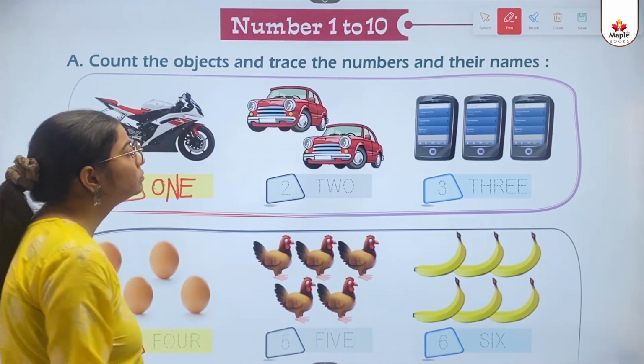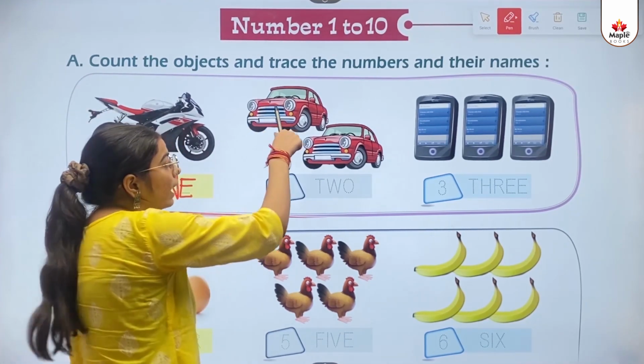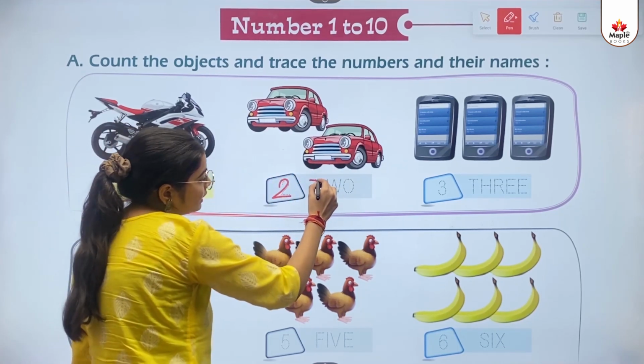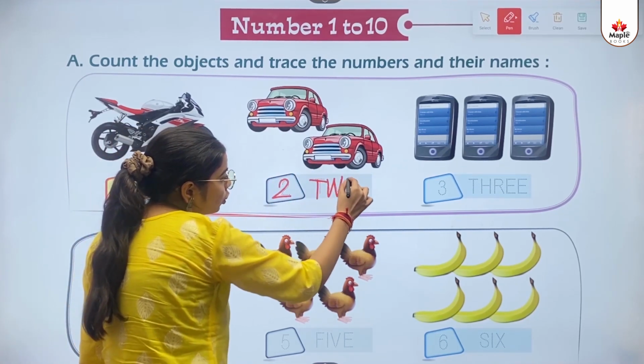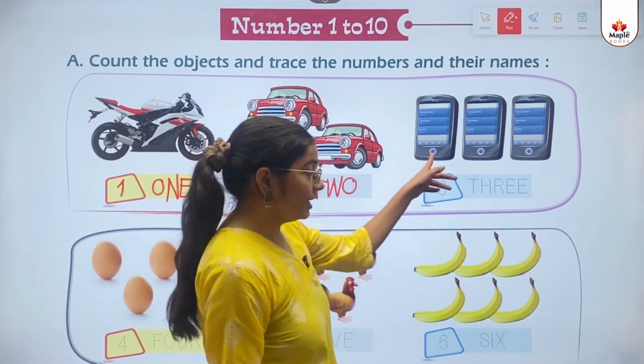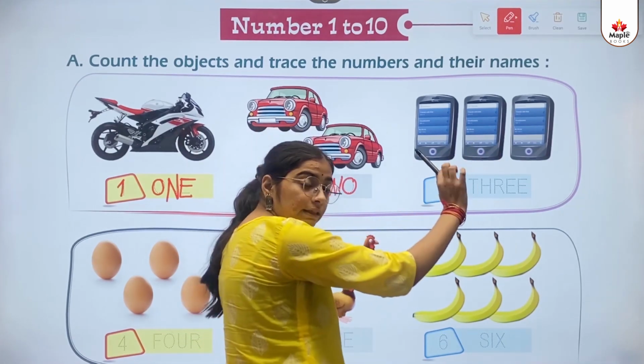1. Then, there are 2 cars given. 1, 2. So, we'll trace here 2, T, W, O. 2. Then 3 mobile phones are given. 1, 2, 3.